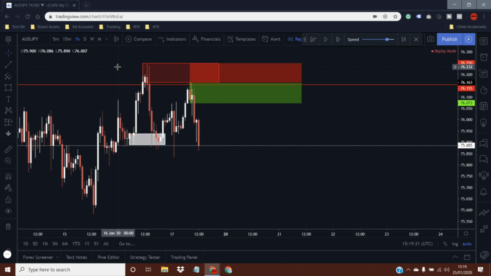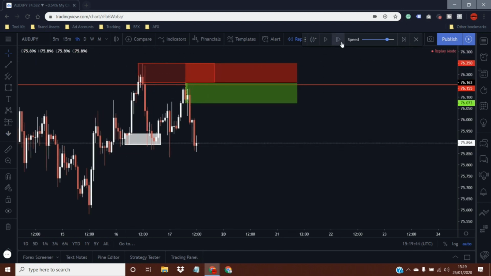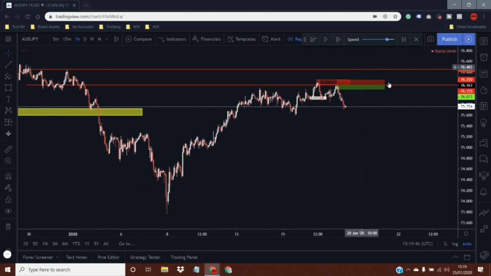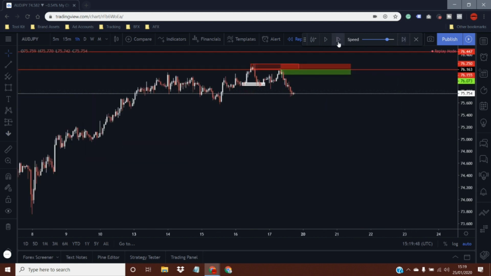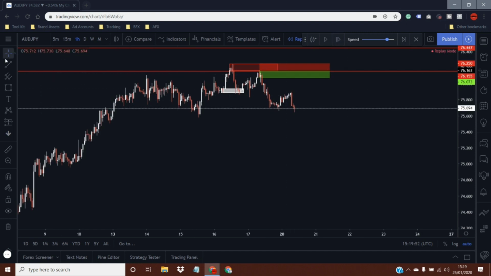So I'm going to do this from an H1 perspective, just to give you some insight of how I would actually manage this trade using smaller time frames. Okay, so let's just continue here. Let's just keep going. So right now, this is our main low.